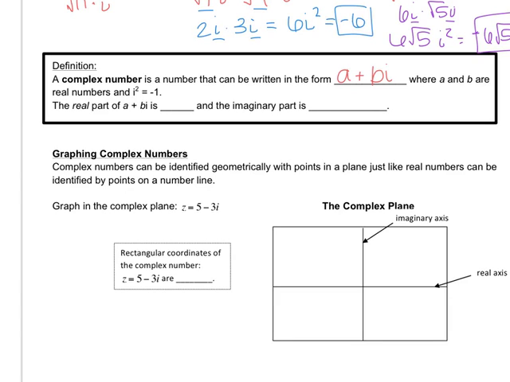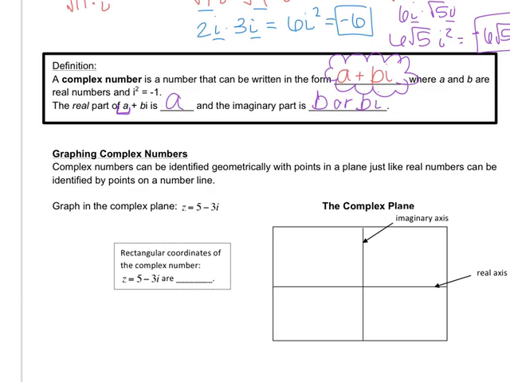So we talk about a plus bi as having a real part, and that's a. A would be considered the real part, and the imaginary part would be considered b, or bi, whatever number is being multiplied by i. So this is how we represent complex numbers, a plus bi.